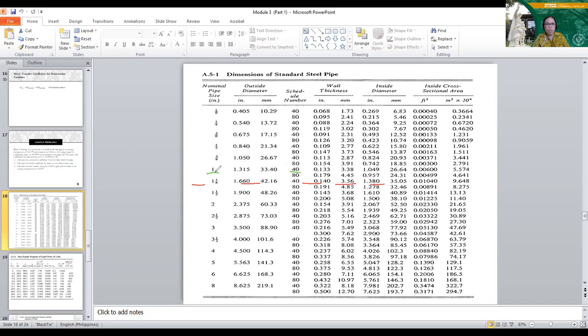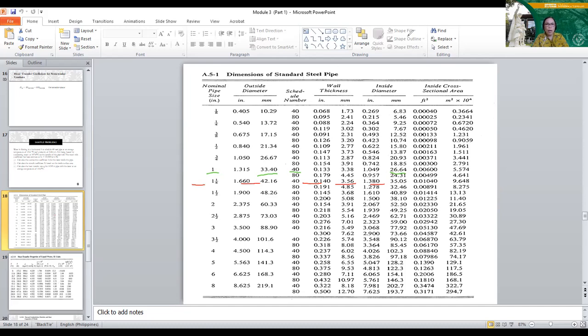So the 1 inch steel pipe, schedule 40, will have an outside diameter of 33.4 and an inside diameter of 26.64, all in millimeters. So this we will be needing later on. Specifically for now, we'll be needing the inside diameter in determining the Reynolds number, together with the velocity, the density, and the viscosity of water.